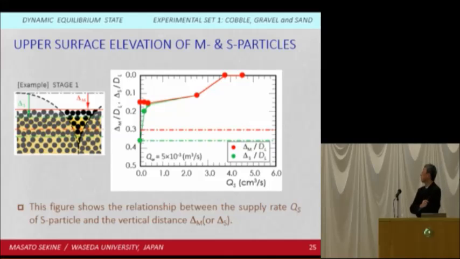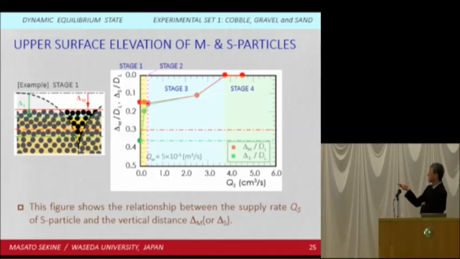Here you can see the relation between the particle distance of both 2 divided by dl and qs. This is the experimental result, the data. And in this range, stage 1 and stage 3 and 4.